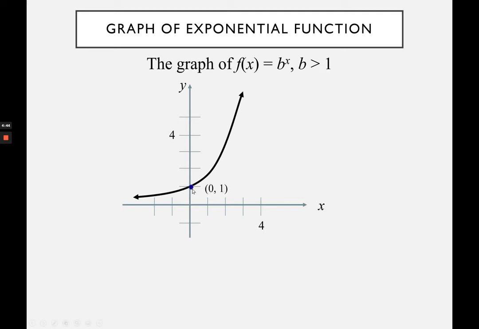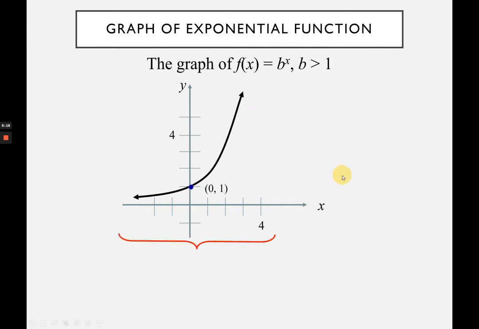It is expected that the graph will have a y-intercept of 1, because remember, any number raised to 0 is equal to 1. So that explains why the graph will intersect at y equals 1. If your x goes higher, the graph will just go higher and higher.